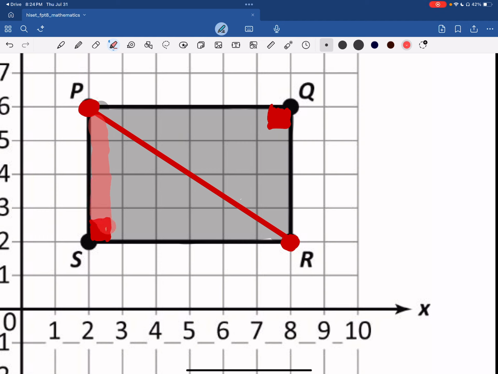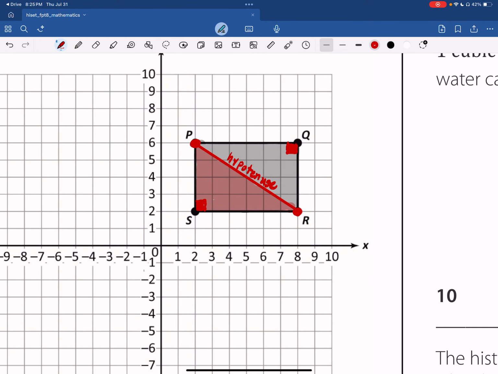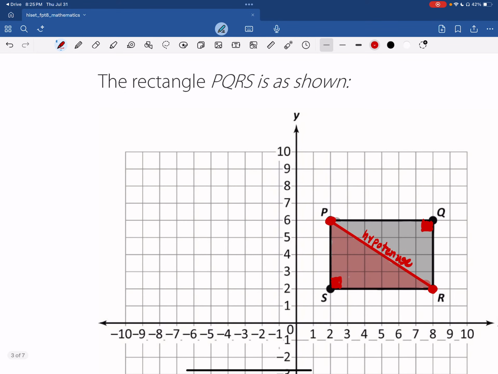We're just going to focus on this fella for a minute because I know there's a certain formula that will tell me the length of that diagonal, because I know there's another name for that diagonal that starts with an H, and it has to do with a right triangle, and it's called a hypotenuse.